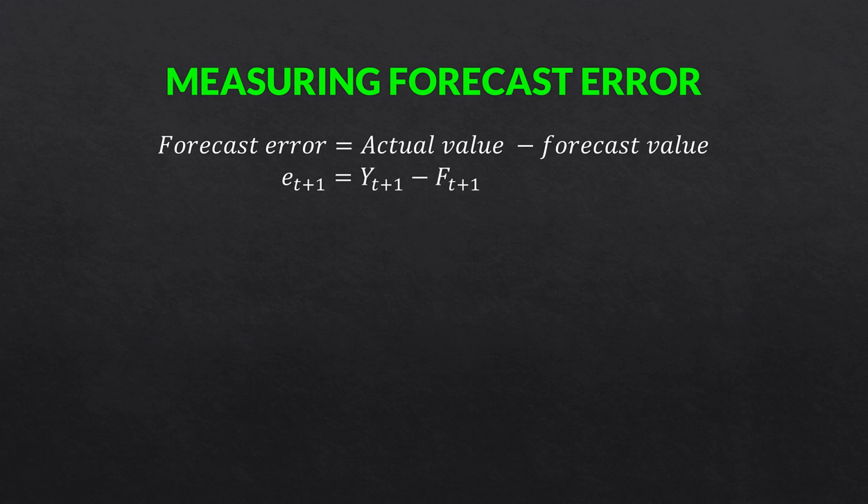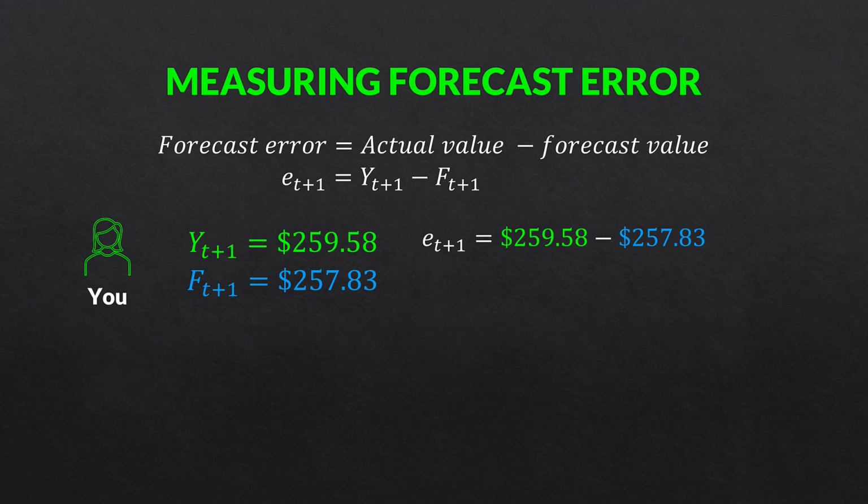So the forecast error equals the actual value minus the forecast value. We can write that as E t plus 1 equals y sub t plus 1 minus f t plus 1. It's just error equals actual minus forecast. So here's the actual and the forecast from you. The error is the difference between the two.